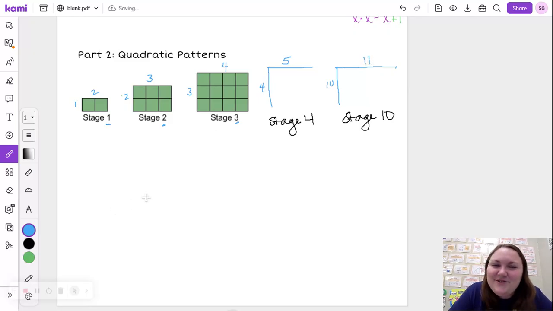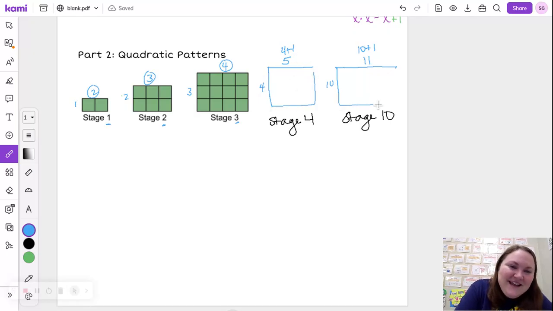You start to notice that every single time this top number is just 1 more than the stage number. For stage 4, it's 1 more than our stage number. For stage 10, it's 1 more than our stage number. So for stage 4, you would have a rectangle that's 4 by 5. And for stage 10, it would be a rectangle that's 10 by 11.